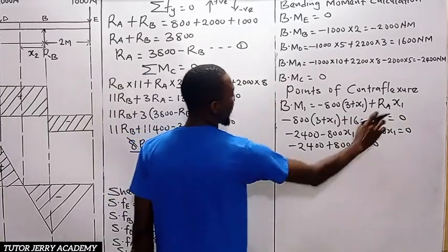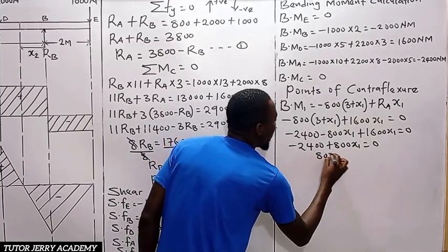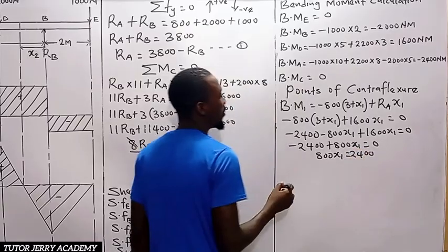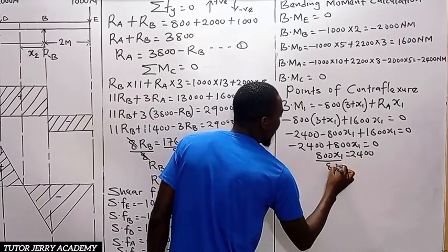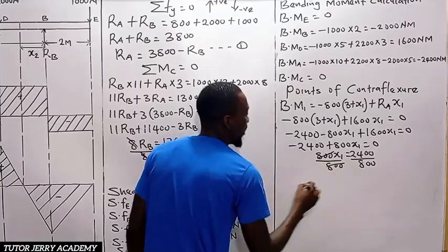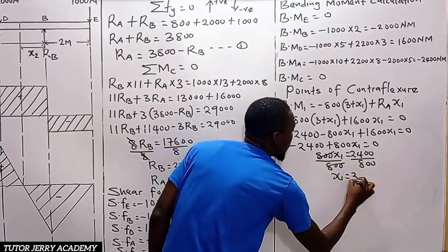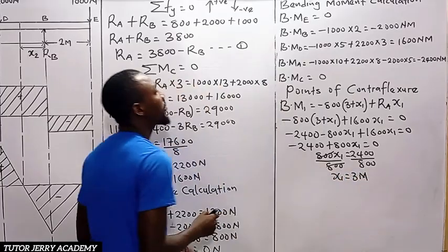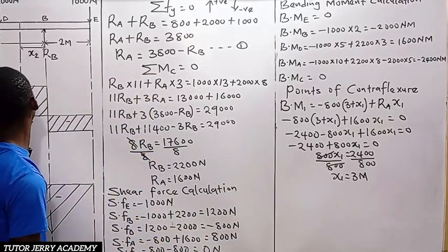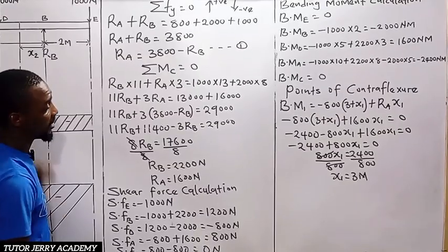If you move this to the other side, we have 800 S1 equal to 2400. To get S1, we divide both sides by 800, and our S1 will be equal to 3 meters. So the first point of contraflexure is at 3 meters from point A.